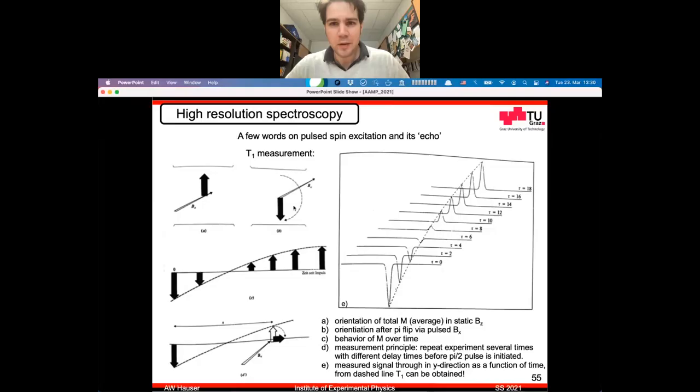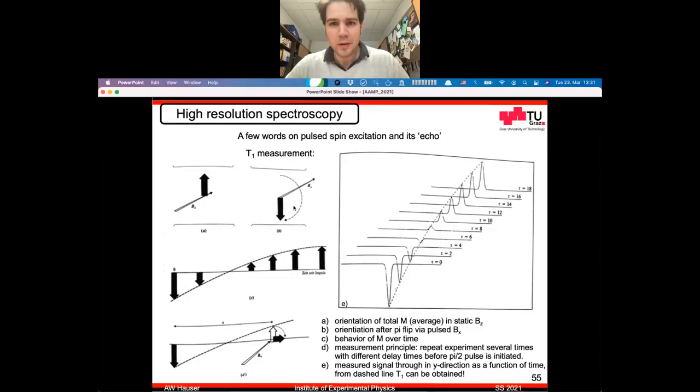Also, in the excited state, when flipping it down, you don't have this. But what you can do is, you do the pi pulse and you are in the excited state, and then the relaxation processes will take place. You wait a certain time, and then you flip what is left of your longitudinal magnetization into the xy plane through a pi half pulse.